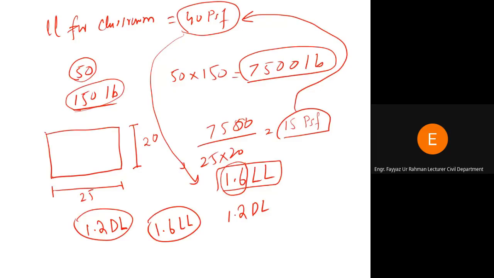Clear? And what does it mean? 1.2 means that there is a chance of 20% increase in the dead load during the service life of a structure. Clear? And as I told you, these factors are also determined based on probabilistic studies. Clear?